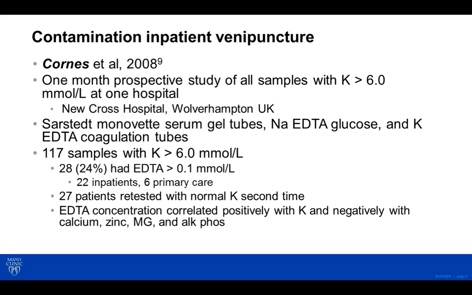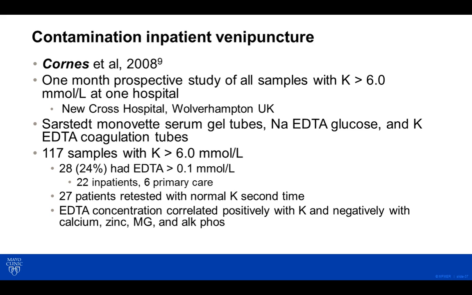What about inpatient venipunctures? So here's a study, again, some of the same investigators from the outpatient studies that looked at 1 month sampling of all samples in the laboratory that had a high potassium. Potassium's over 6. So potassiums over 6 happen in sick patients, but they're not that common, so they studied how many of these are because there's potassium EDTA from an EDTA tube in the serum sample.